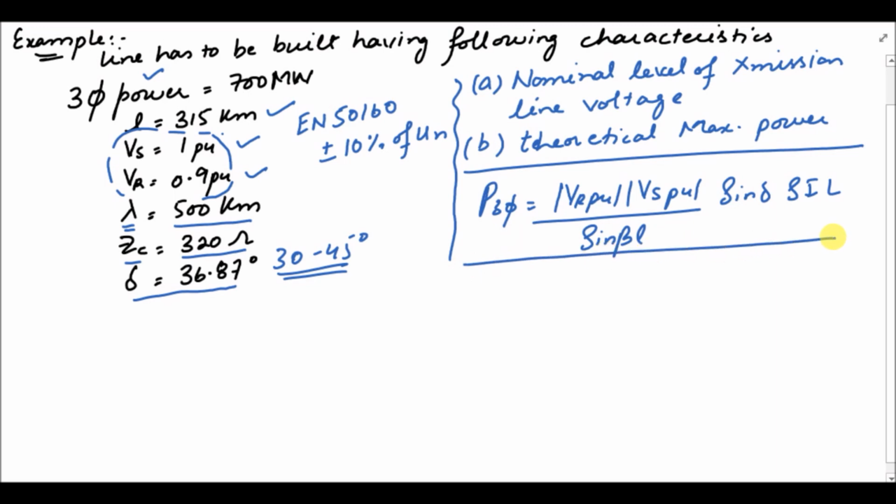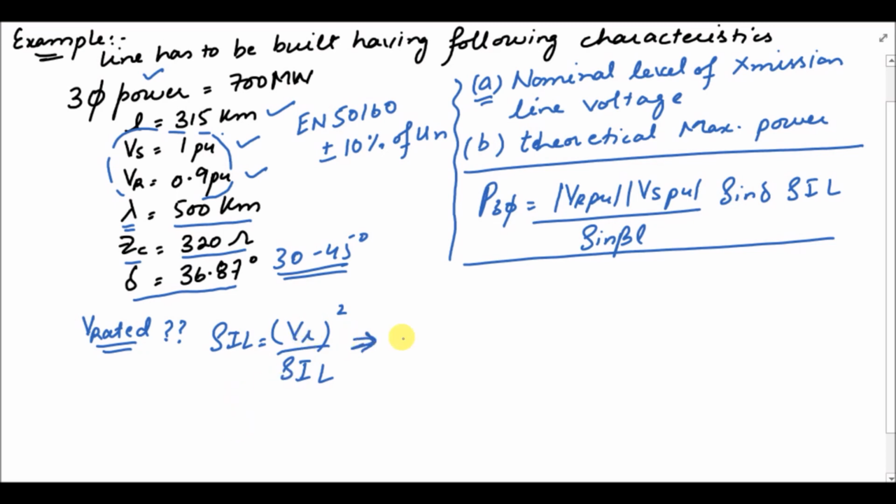Now what we have to find in the first part is V rated, the voltage at which the power will be transmitted. And first we should have a formula which has V rated in it, and from the surge impedance loading formula we know that SIL is equal to V rated square over ZC.